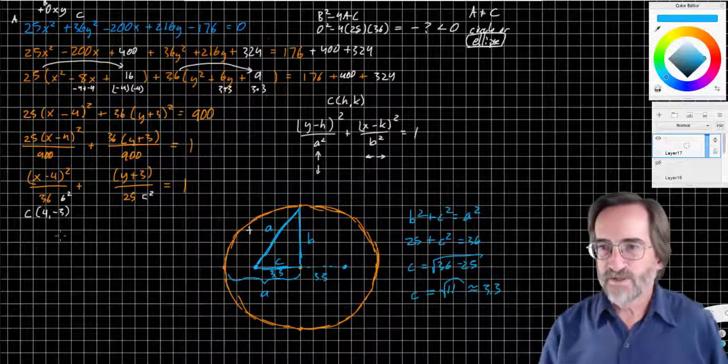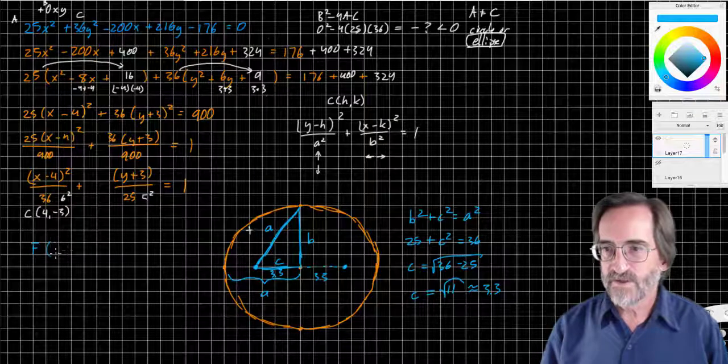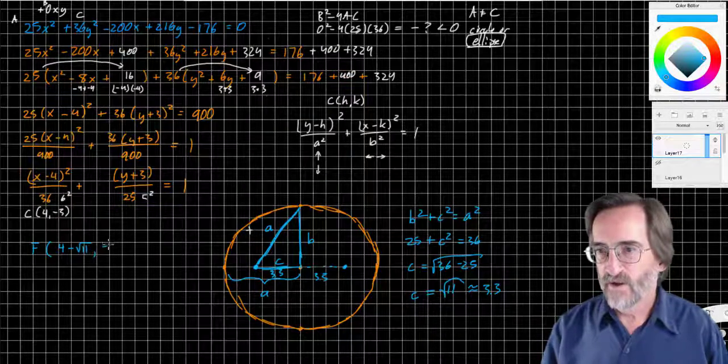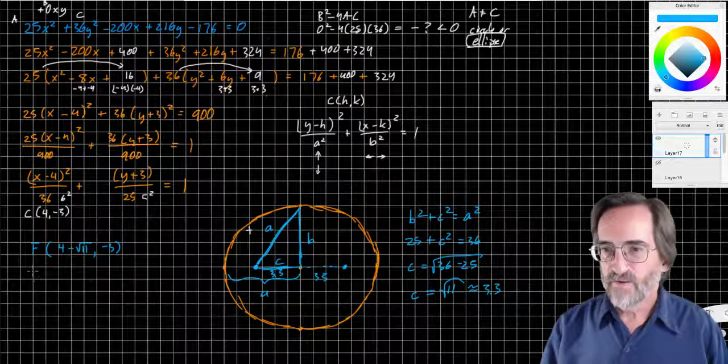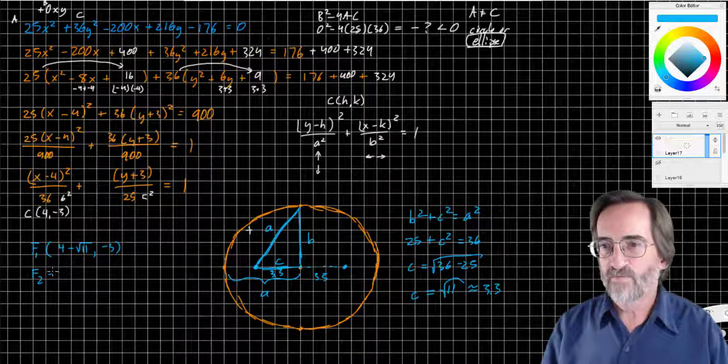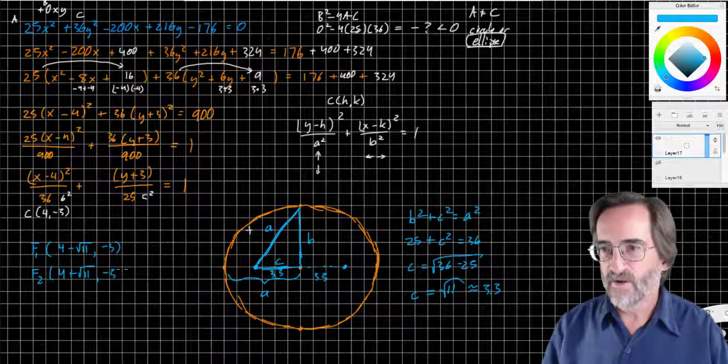So one focus is at, this was 4, negative 3, so the 4 gets root 11 subtracted. And the other focus, focus 1 and focus 2, is 4 plus root 11, negative 3.